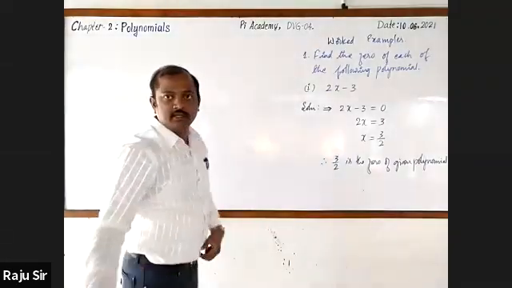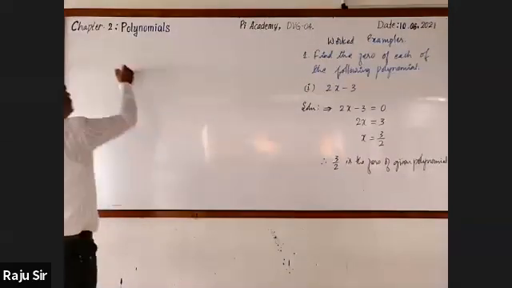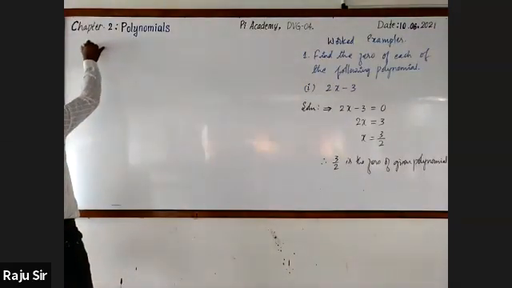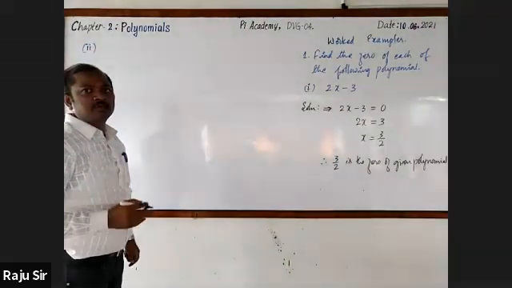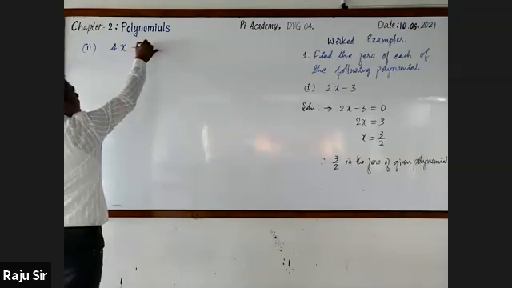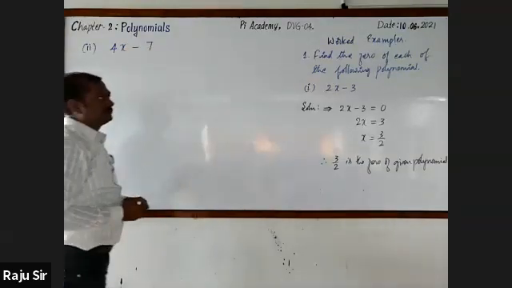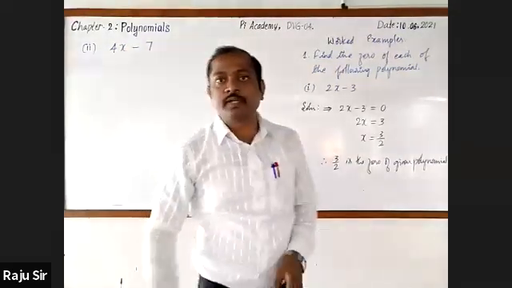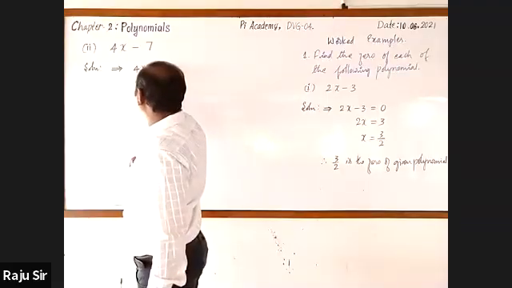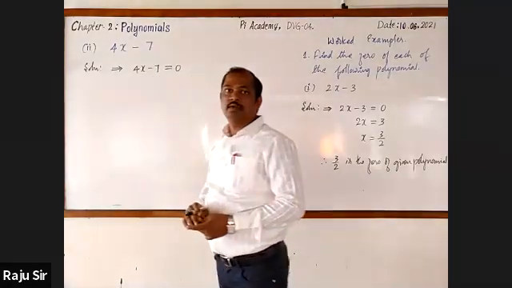I go for taking another example. Second one. This is also a very simple one. 4x minus 7. Equate the given polynomial to 0. 4x minus 7 is equal to 0.